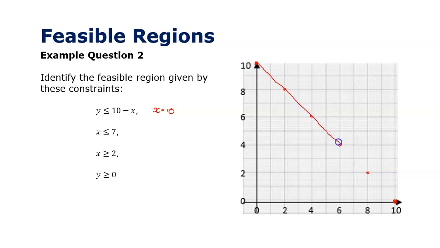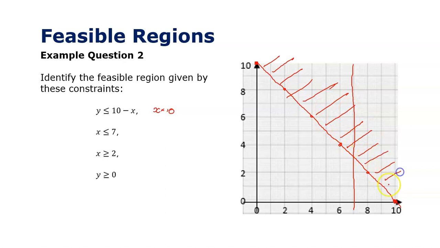Obviously, when you do this, you're going to try to do it really accurately, with a ruler presumably. x is less than or equal to 7. This is the x-axis. x is 7 is here. So notice I draw that line. I should start thinking about shading in. This one wanted less than or equal to, so I shade in the bit above it.